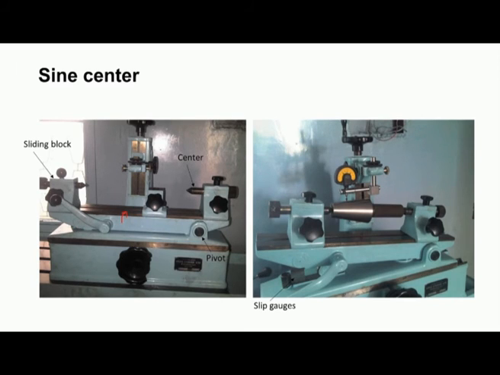So, after tilting it, we have to fill this gap using slip gauges. You can see in this picture slip gauges are placed. So, we should adjust the slip gauge height till the dial indicator reads 0. We have to mount the tapered component between centers. You can see the centers. Now, the body which contains the center can be moved horizontally like this, to accommodate the workpiece. This also can be slid.